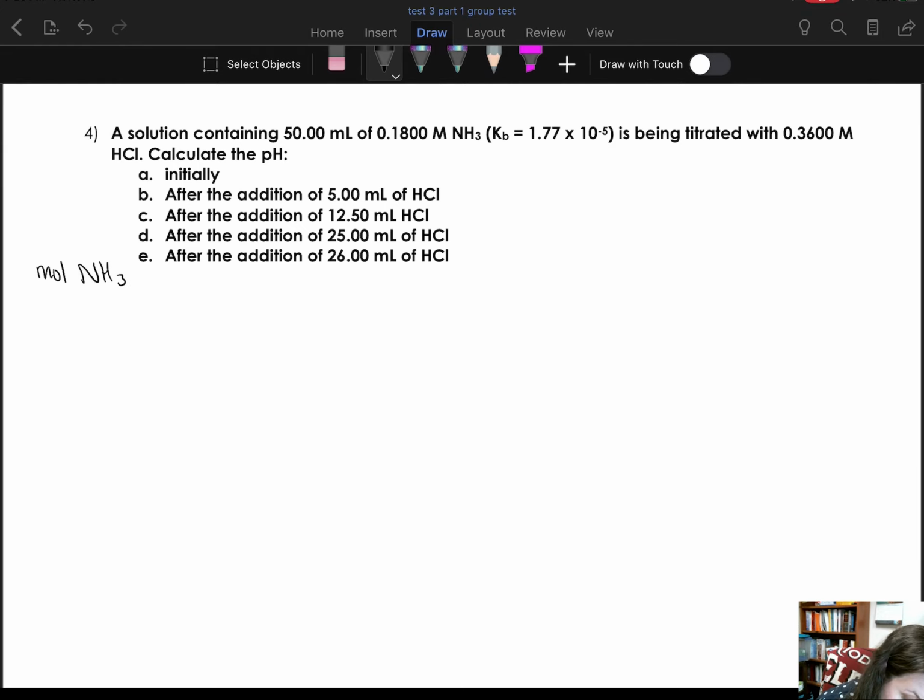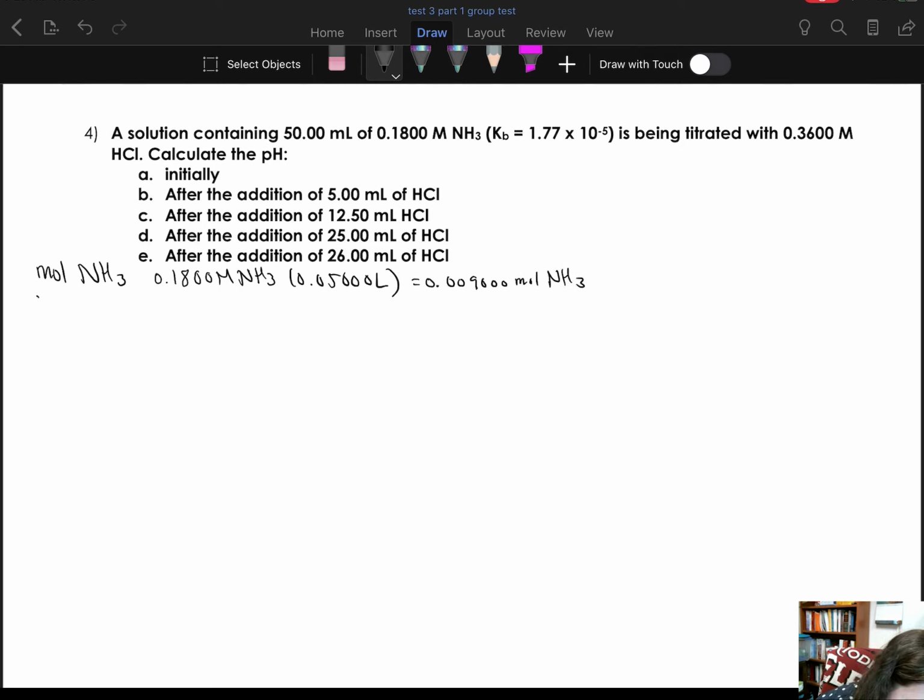So we take our 0.1800 molar NH3 multiplied by our total volume, 0.05000 liters, giving us 0.009000 moles of NH3.